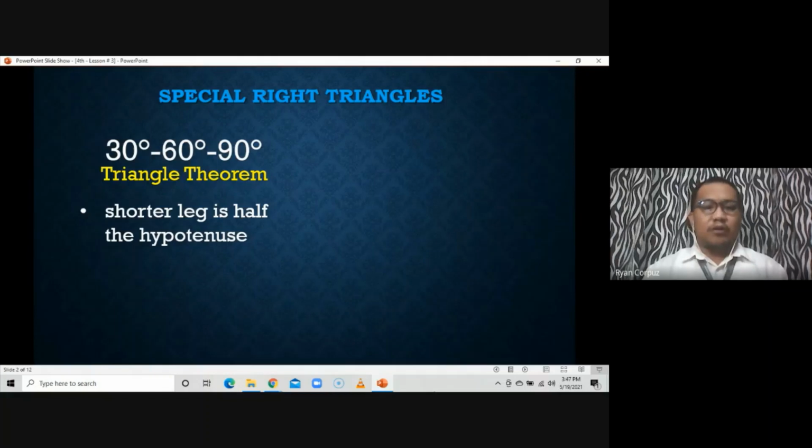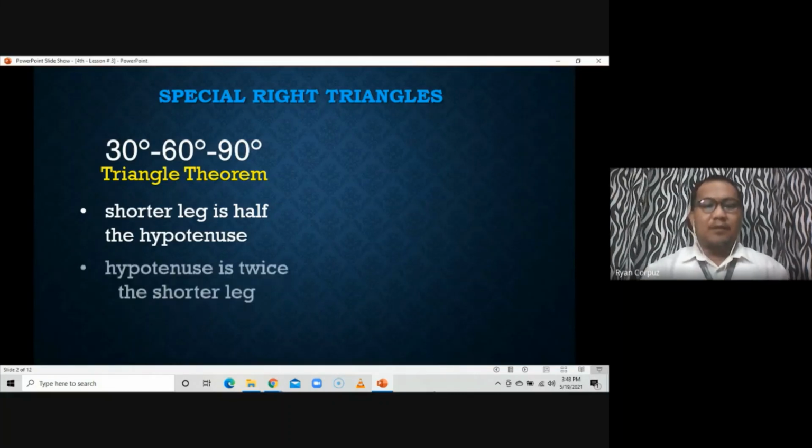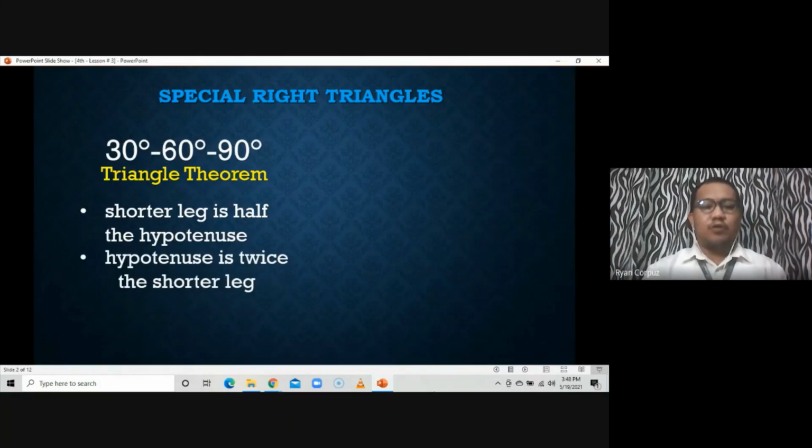So, ang shorter leg daw is half the hypotenuse. That means, just like what I've mentioned to you, if you know already the measure of the hypotenuse, just get half of it. That would be the measure of the shorter leg. Then, of course, hypotenuse is twice the shorter leg.